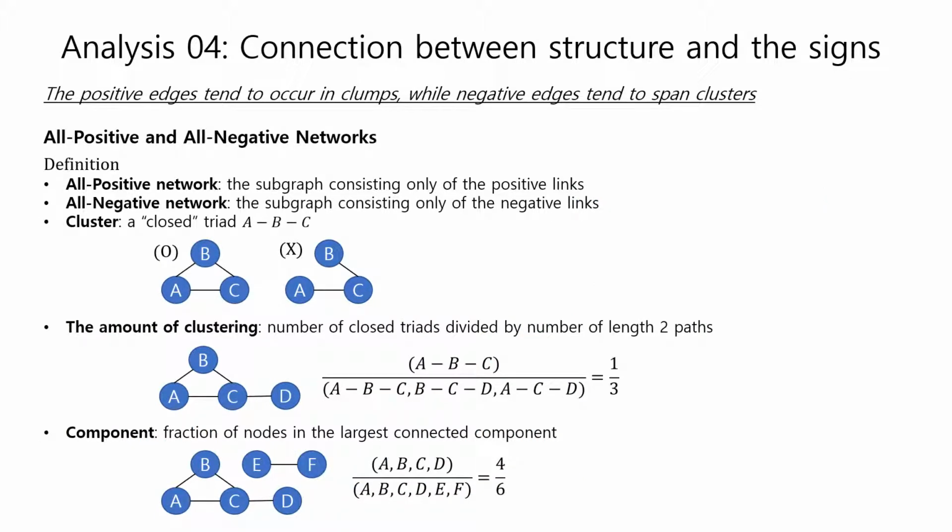They analyze networks in the settings of all positive and all negative networks. An all positive network is the subgraph consisting only of positive links. The definition is analogous for all negative networks. I listed a few definitions which are required to interpret the results for evaluation.